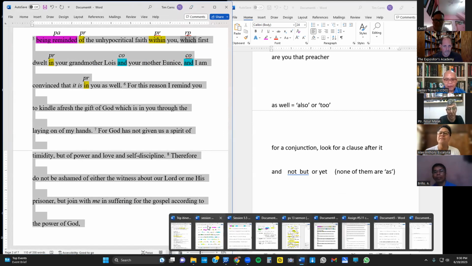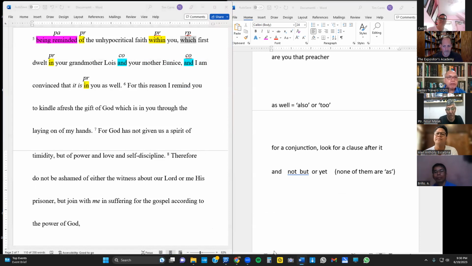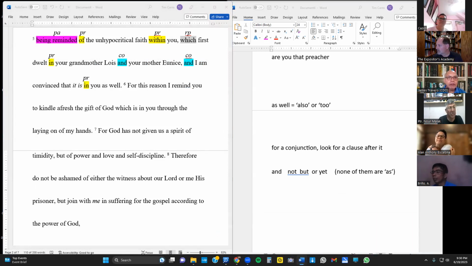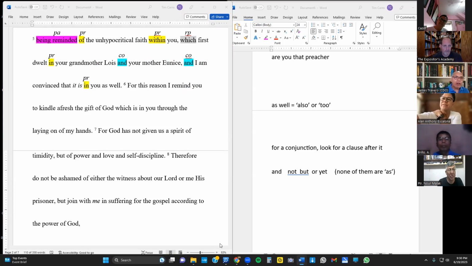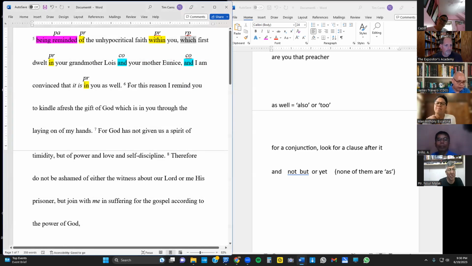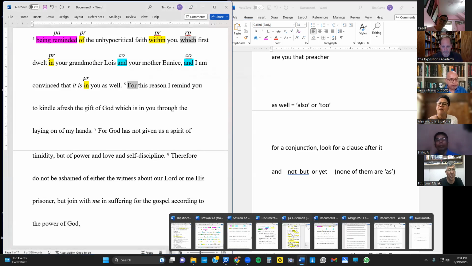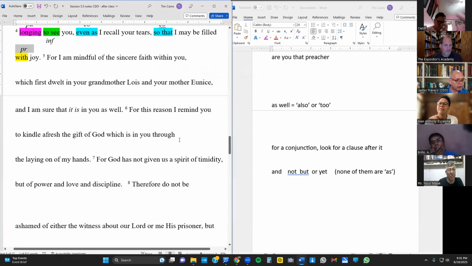Okay, verse 6. For. Okay. Now, what does that look like to you? Is that a preposition?